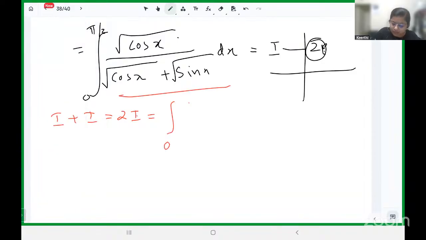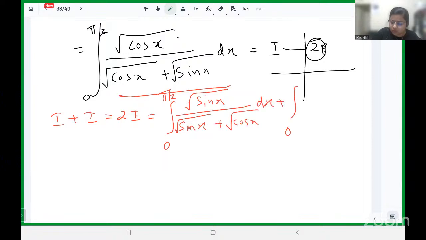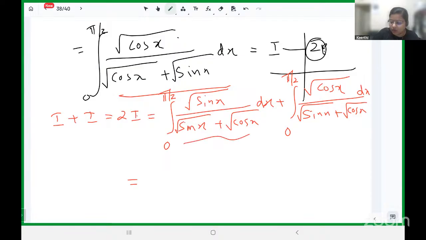So this is integral 0 to pi by 2 root sin x divided by root sin x plus root cos x dx plus integral 0 to pi by 2 root cos x divided by root sin x plus root cos x dx. Here you can see that the denominators are the same, root sin x plus root cos x.